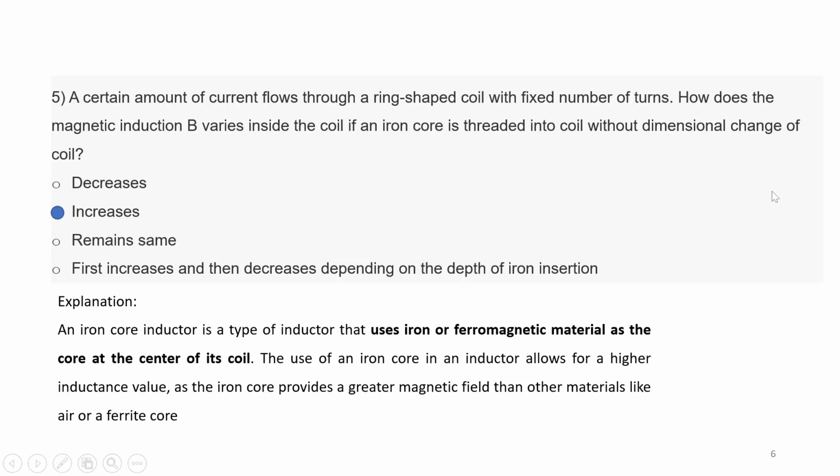The iron core inductor is a type of inductor which uses iron or ferromagnetic material as the core at the center of its coil. The use of an iron core allows for a higher inductance value, as the iron core provides a greater magnetic field compared to other materials like air or the ferrite core.